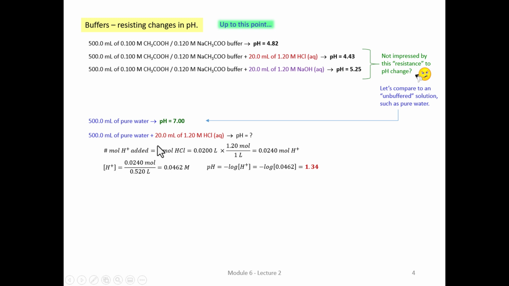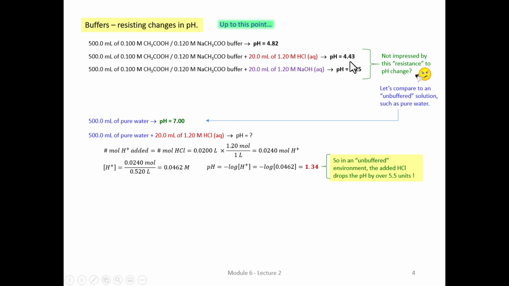So if we add this 20 milliliters of 1.2 molar strong acid to 500 milliliters of just unbuffered pure water, the pH drops from 7 to 1.34. So in an unbuffered environment, the added HCl drops the pH by over 5.5 units. So up here, you said, well, the pH dropped, so maybe I'm not impressed.